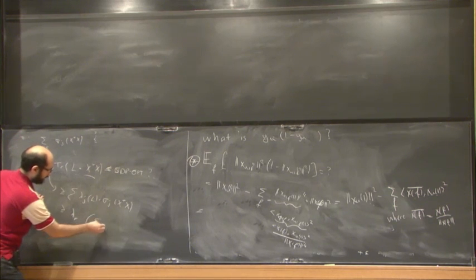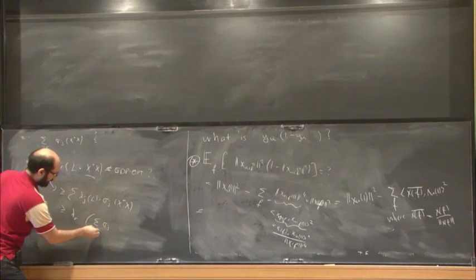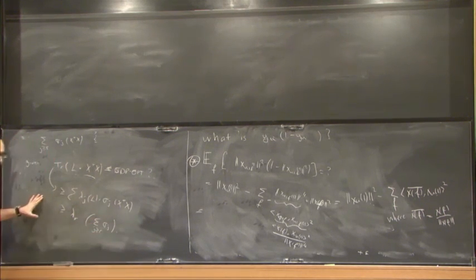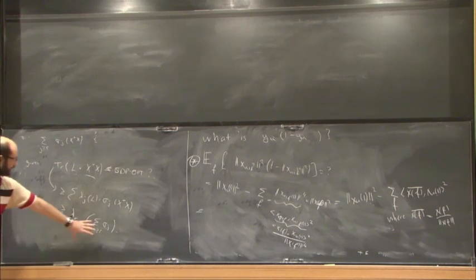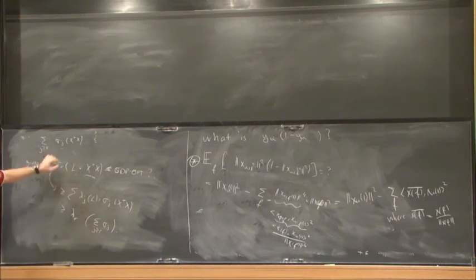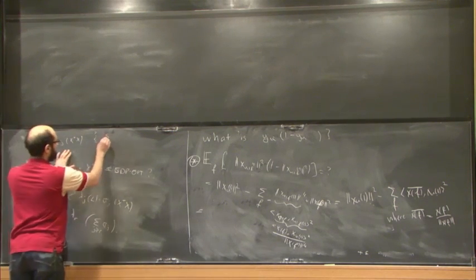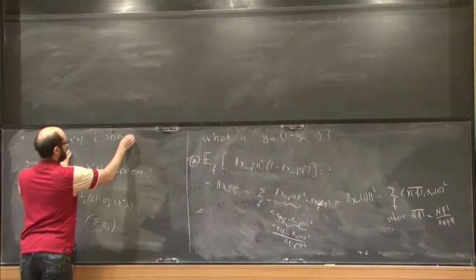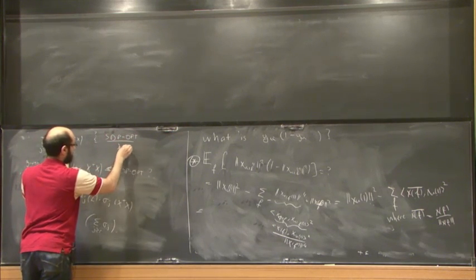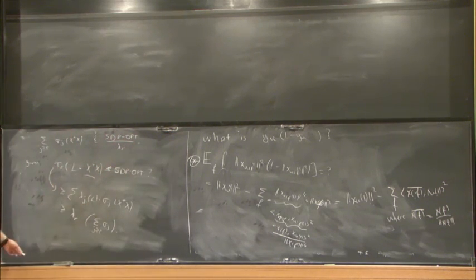Therefore, this quantity here is upper bounded by the SDP optimum divided by the r-th eigenvalue.